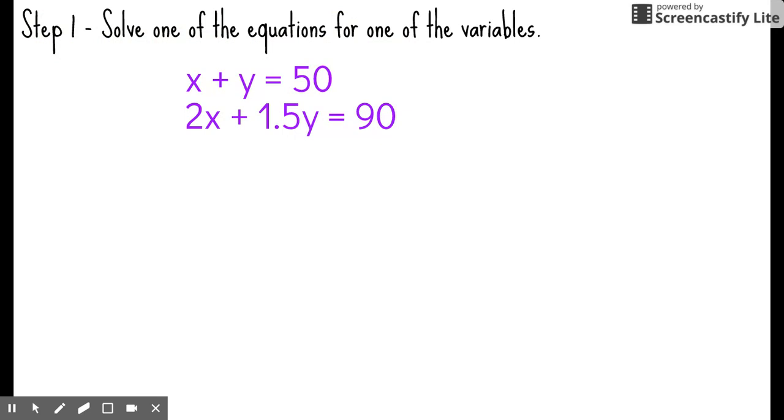We're going to solve one of the equations for one of the variables. x plus y equals 50. We're going to solve for x. And we moved the y over to the other side to get x equals 50 minus y. And as I stated in the beginning of the video, it doesn't matter which variable you solve for, as long as you substitute it in appropriately.